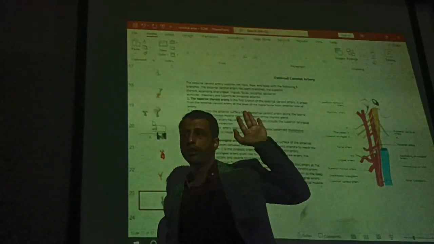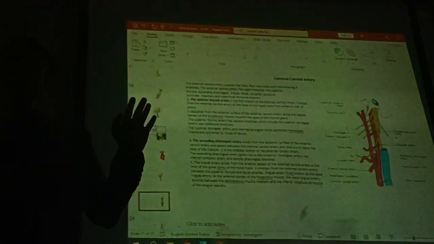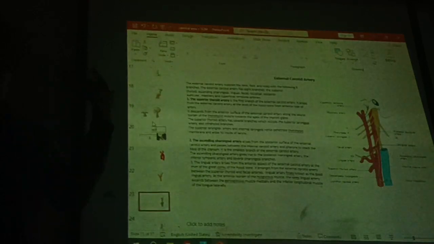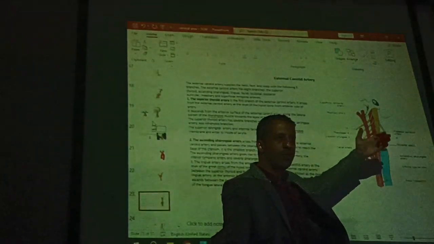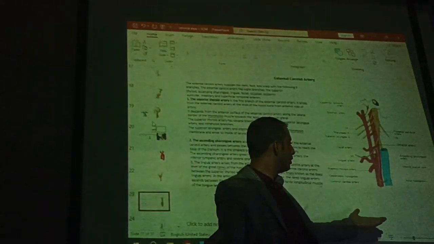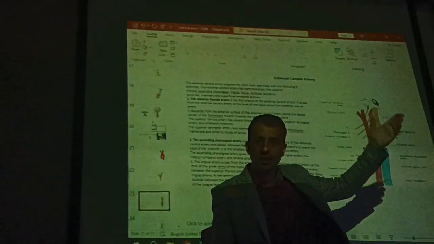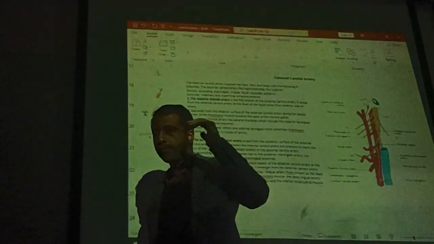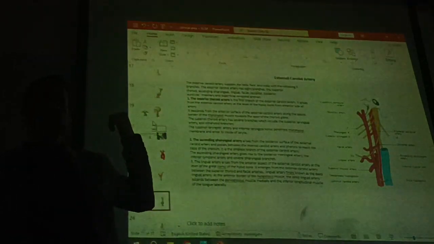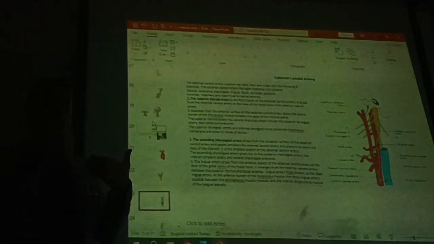You should know that the branches are separated from the anterior view, medial view, and posterior view. The superior thyroid artery is separated from the anterior view. Lingual, anterior view. Facial artery, anterior view. Yes, they are separated from the anterior view.